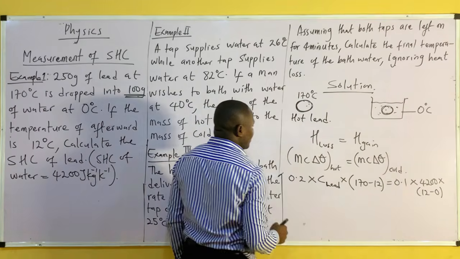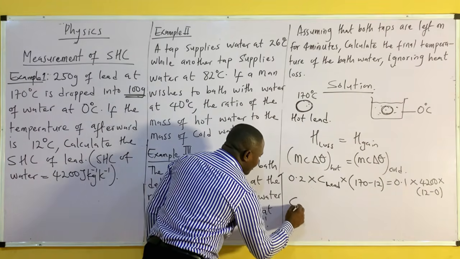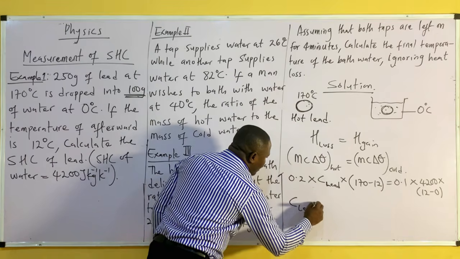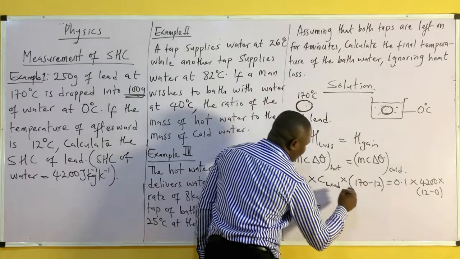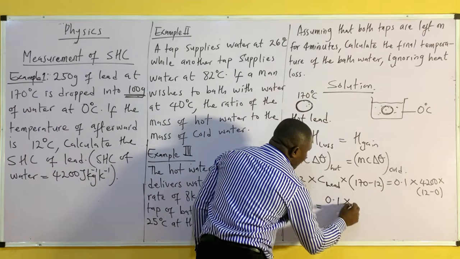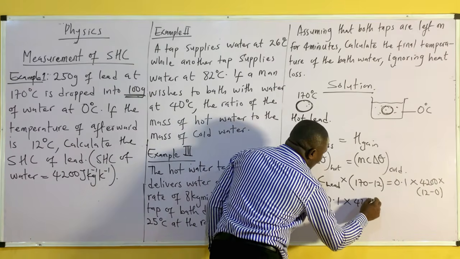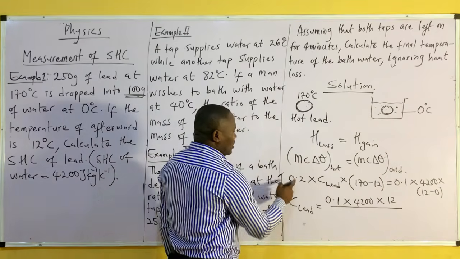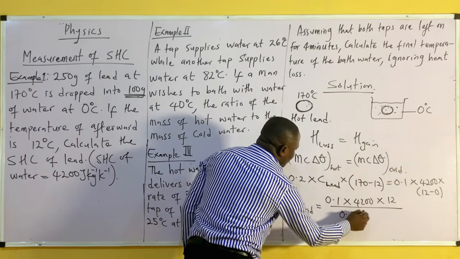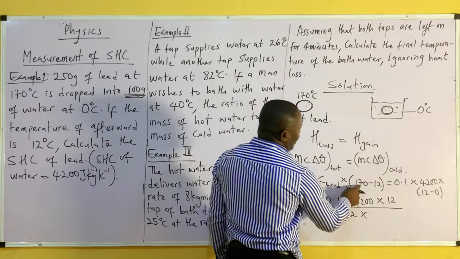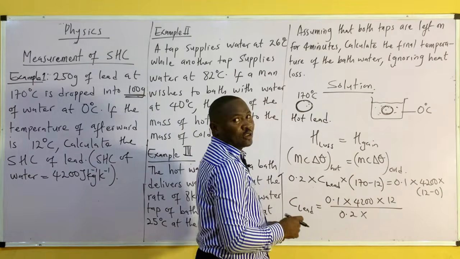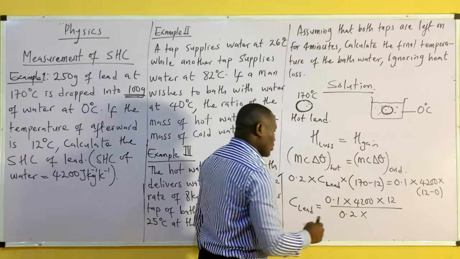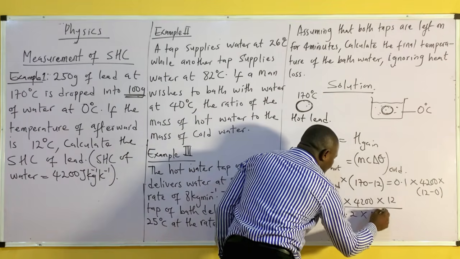So the specific heat capacity of lead will be equal to 0.1 times 4,200 times 12 over 0.25 times 170 minus 12, which is 158.